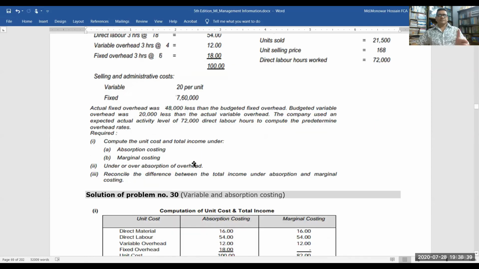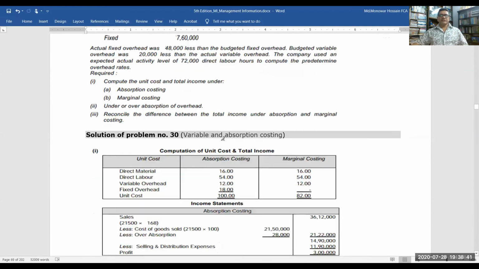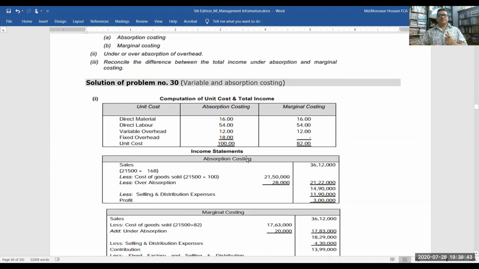Okay, problem 13, absorption costing and marginal costing. Look here: absorption costing includes in the product cost the material cost, direct labor, variable overhead, and fixed overhead, and it comes to the unit cost. On the other hand, marginal costing includes the direct material, direct labor, and variable overhead; fixed overhead is not added, because fixed overhead is used as product cost in absorption costing, not in marginal costing or variable costing.